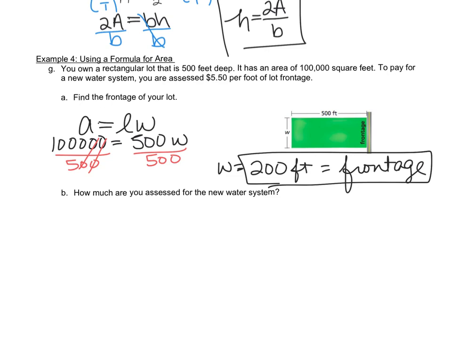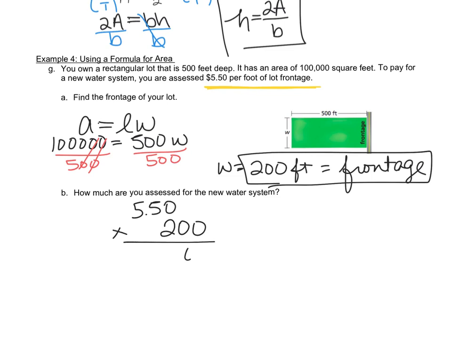The last question asks, how much are you assessed for the new water system? Well, we know that it's $5.50 per foot of lot frontage. And since we have 200 feet of lot frontage, we're going to multiply that by $5.50.